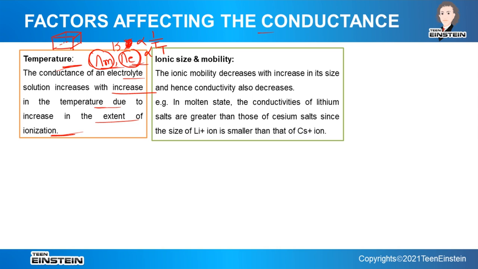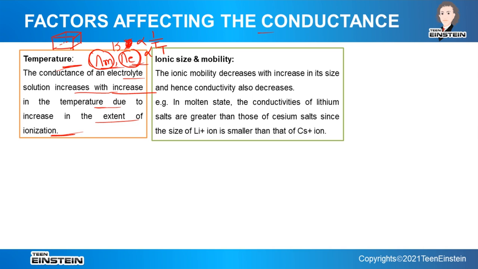So as a result, though the number of ions is increased, because of this decrease in mobility, the conductance will also decrease. So the temperature dependence mentioned here, that the conductance of an electrolyte solution increases with increase in temperature, is only for these two, that is molar and equivalent conductance, not for kappa.